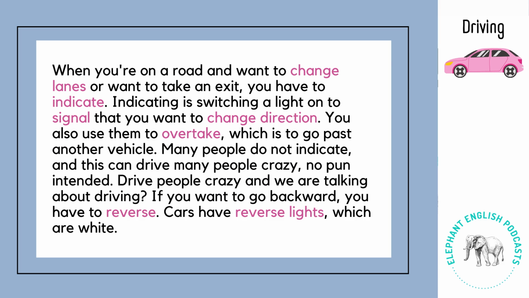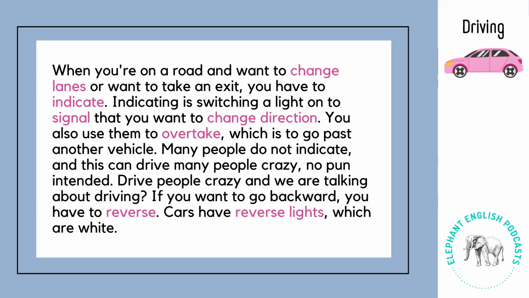When you're on a road and want to change lanes or want to take an exit, you have to indicate. Indicate is switching a light on to signal that you want to change direction. You also use them to overtake, which is to go past another vehicle.